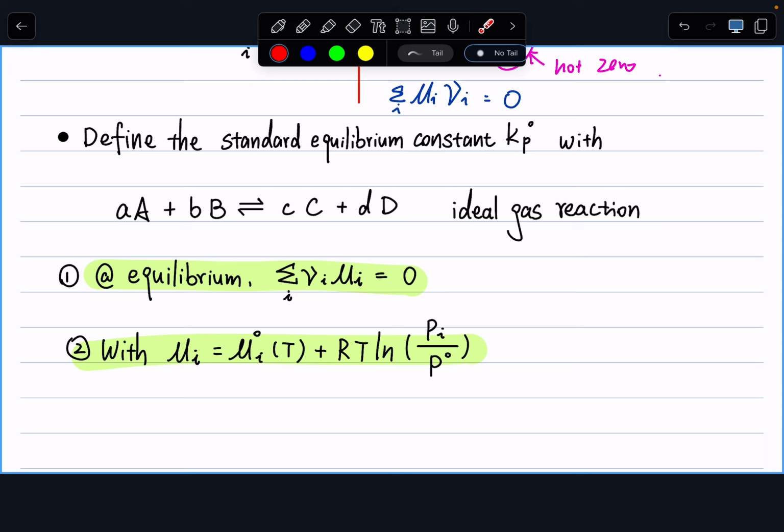Doing the same for μD, μA, and μB, we get the standard chemical potential of D plus RT ln PD over P naught, minus A times μA naught plus RT ln PA over P naught, minus B times μB naught plus RT ln PB over P naught.